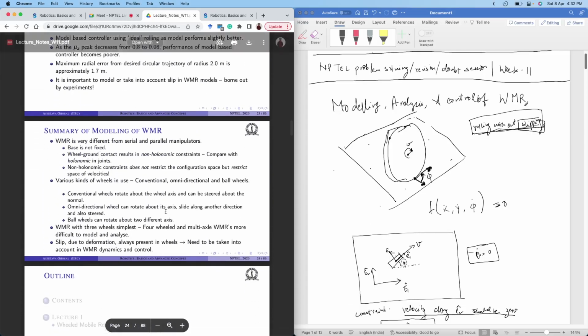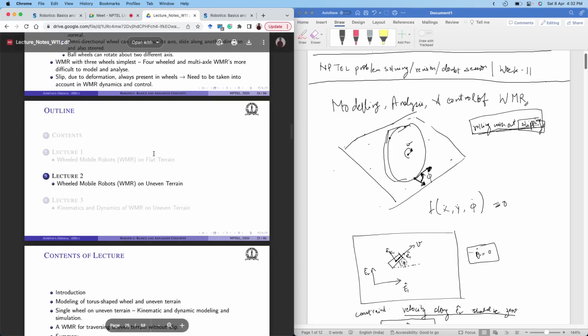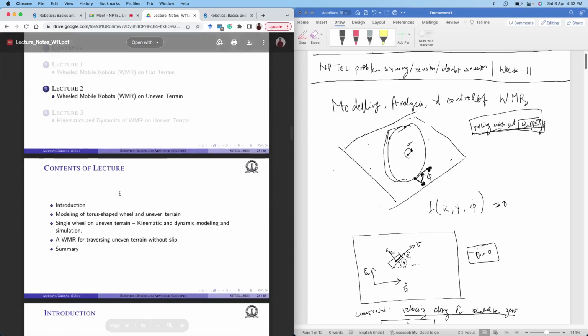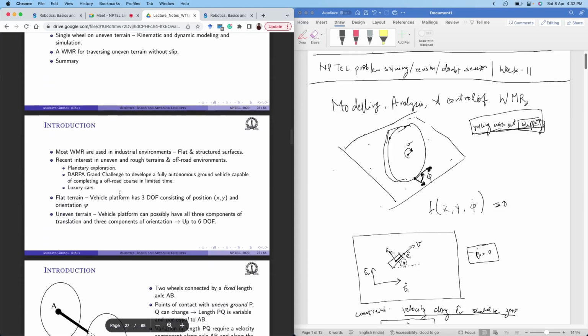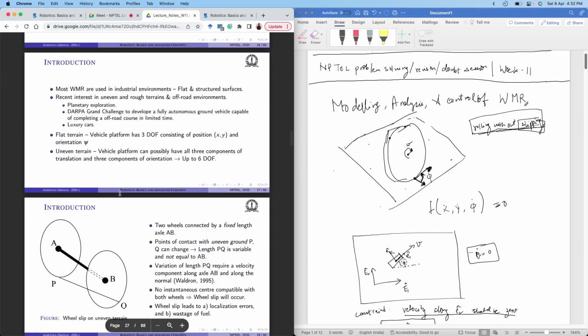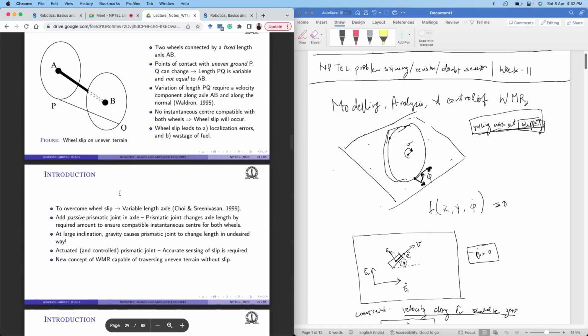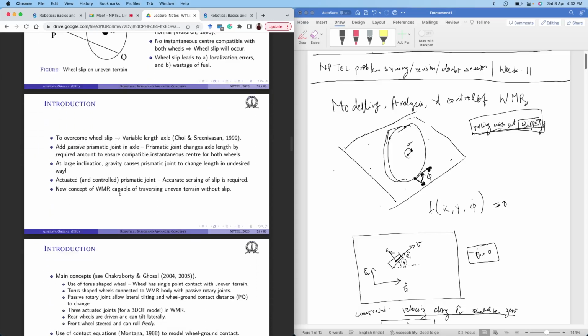Then again, this was the discussion for flat terrain. Then there was discussion for uneven terrain, and for uneven terrain there was a discussion of how you model the surface first, the uneven surface, and then how you model slip on uneven surface.